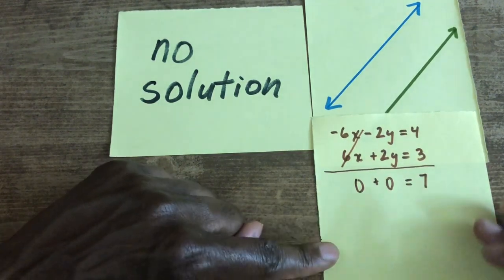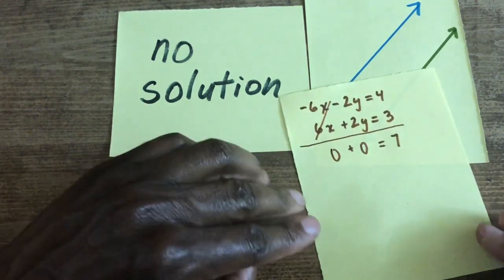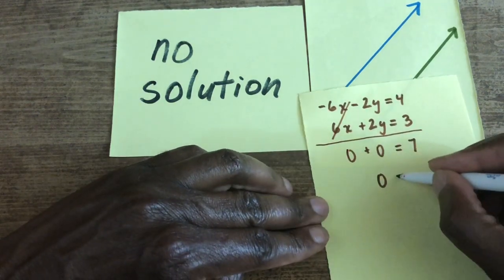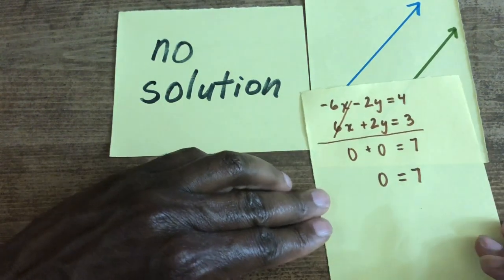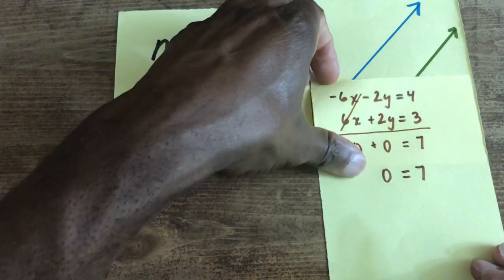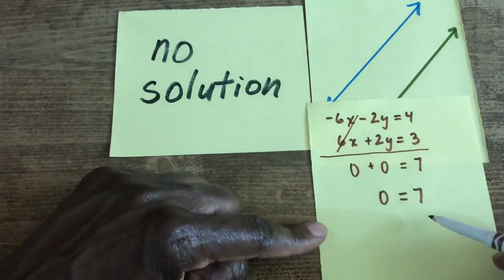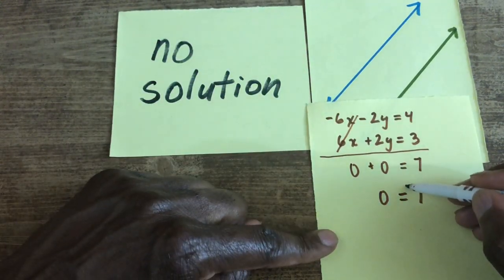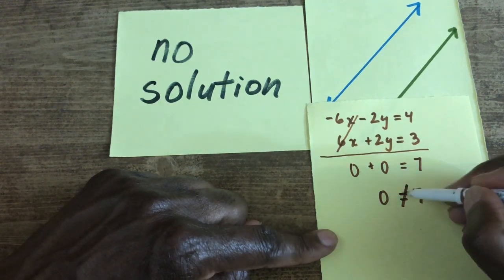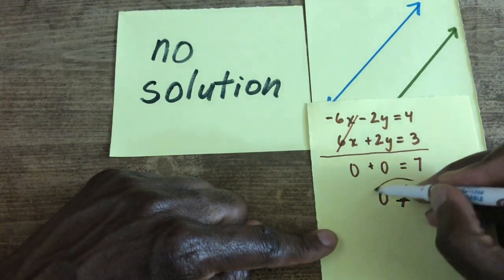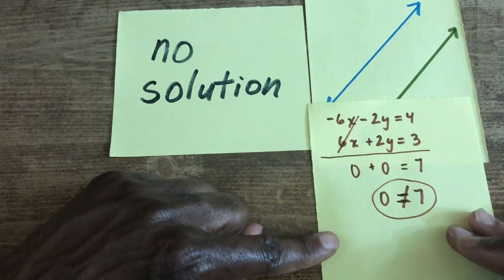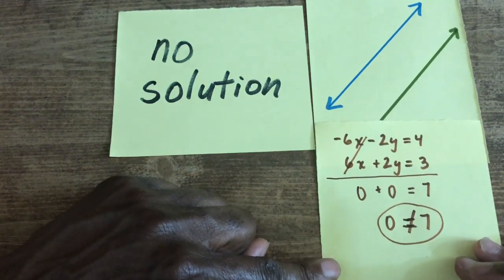So what I really have here is 0 equal to 7. Ta-da, great, but wait a minute. 0 is not equal to 7. Mathematically, that is not true. And because we're seeing that these two are not equal to each other, that doesn't make sense.